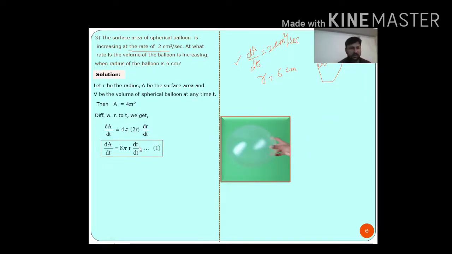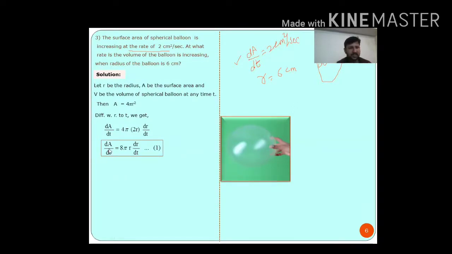Equation 1. Check your provided value for dA by dt, the rate of change of area, 2 centimeter square per second, and the value for radius r is 6 centimeters. Substitute the values here. You will get the answer for dr by dt, that is the rate of change of radius.